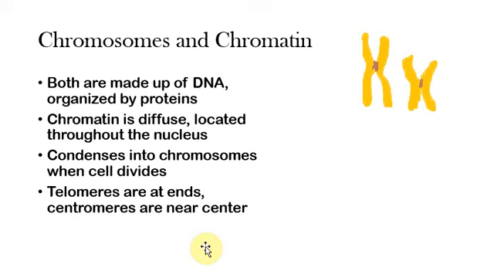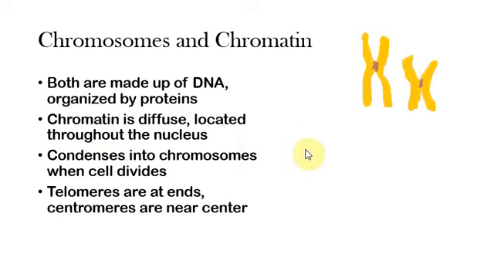Its length is immense, but by using these proteins, which are actually called histones, it can coil up and become small. Chromatin is the word we use to describe DNA when it's diffuse, when it's spread throughout the nucleus.